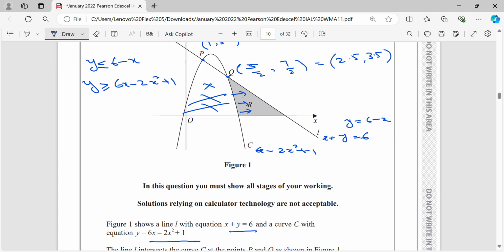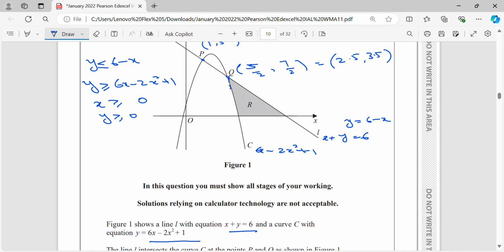What else? We can see the graph is above the x-axis, so you can write x is greater than or equal to 0. And y is greater than or equal to 0 as well, because the shaded region is on the positive axis.